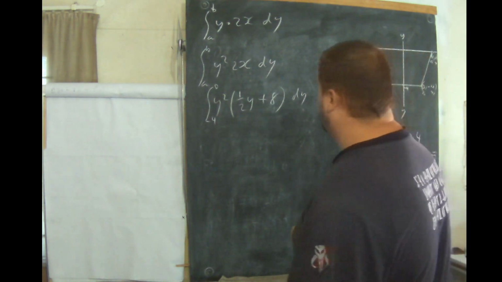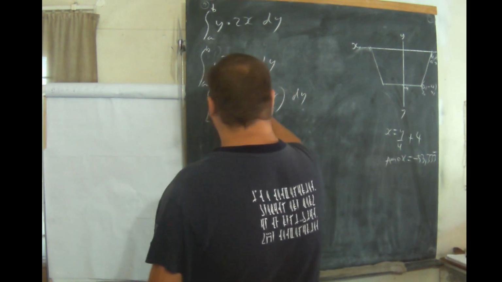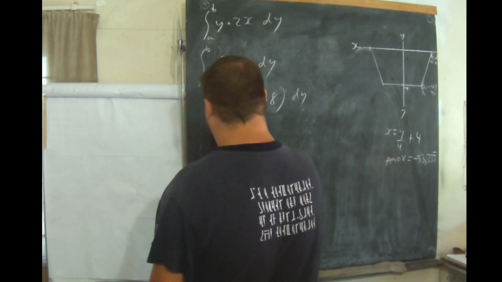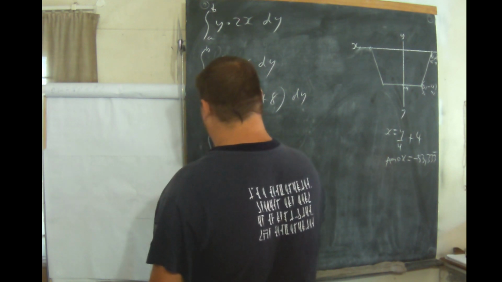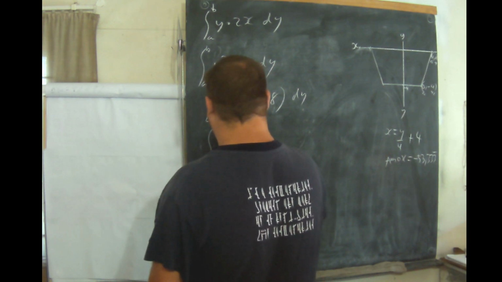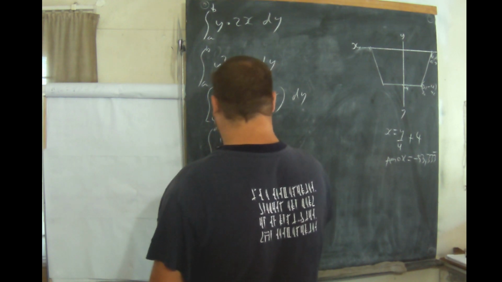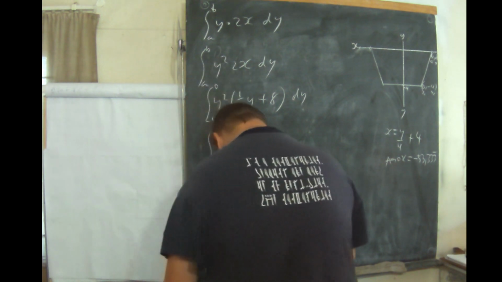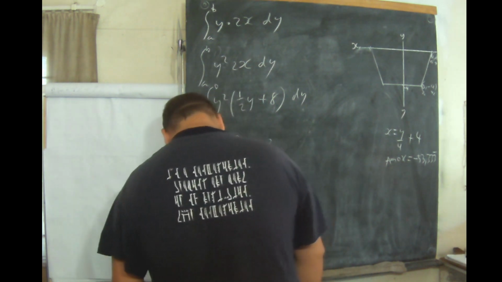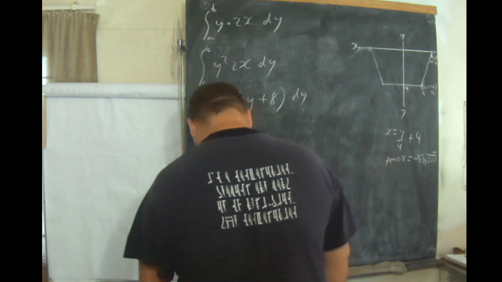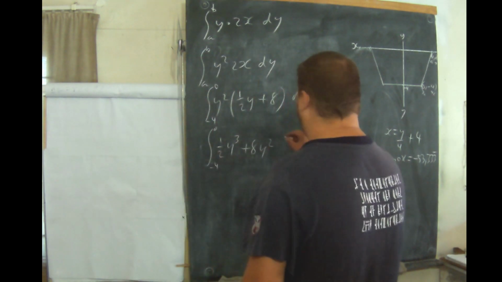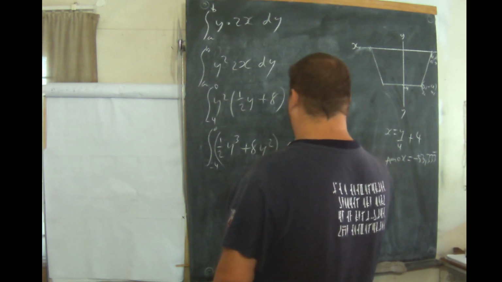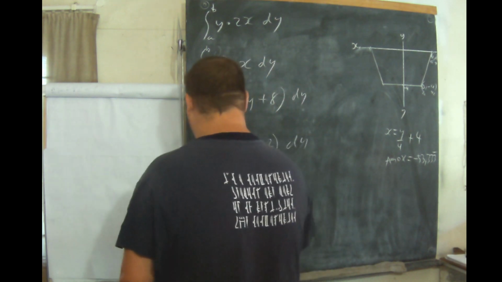Okay. So what we need to do now is say, now that's cube, a half integral from 0 to minus 4 of a half y cubed plus 8 y squared dy. So let's integrate.